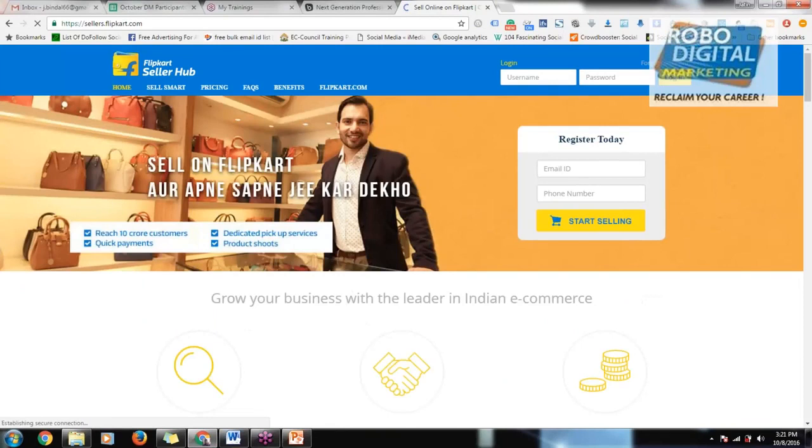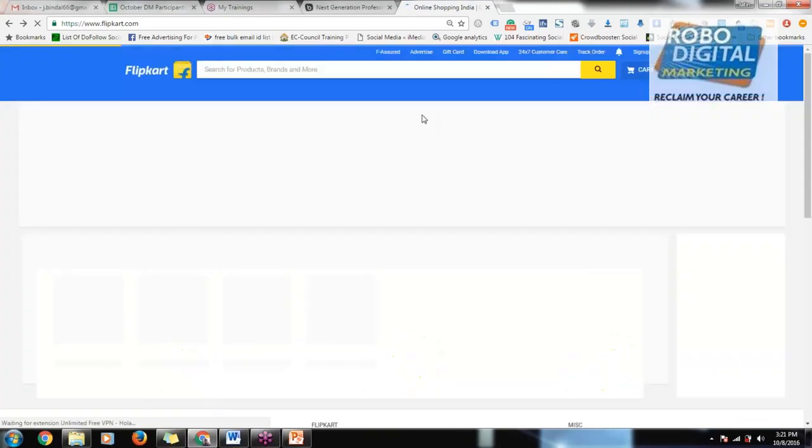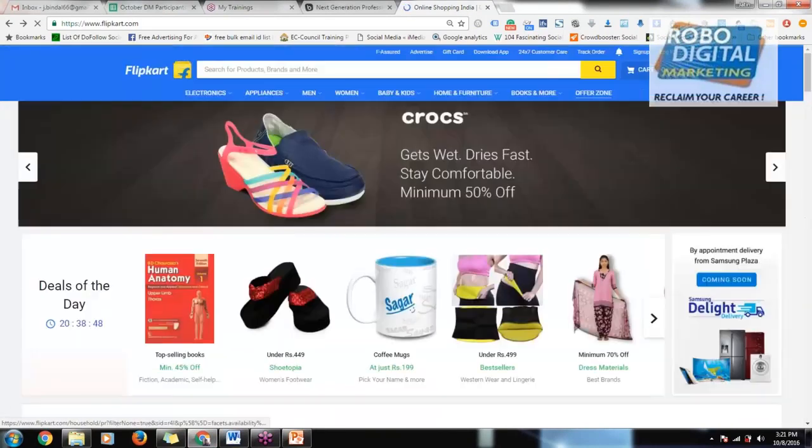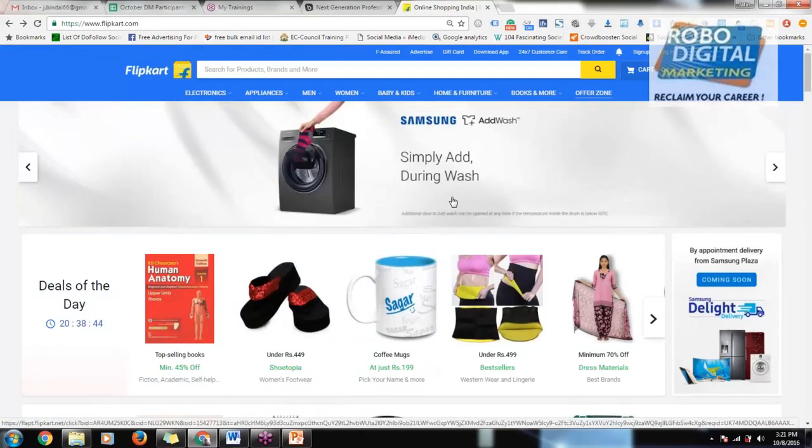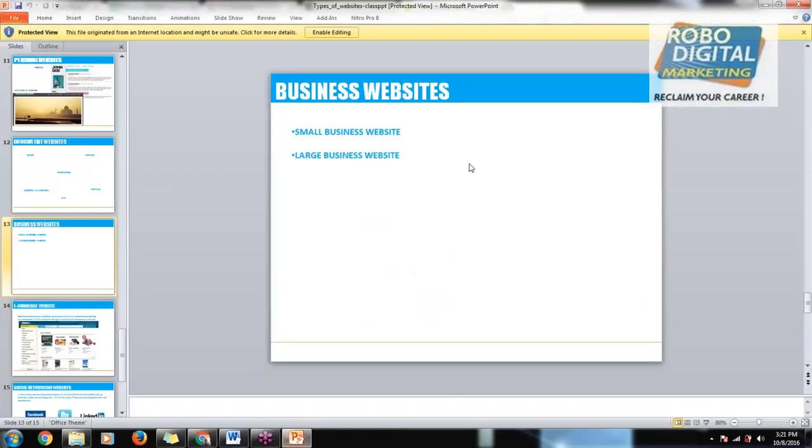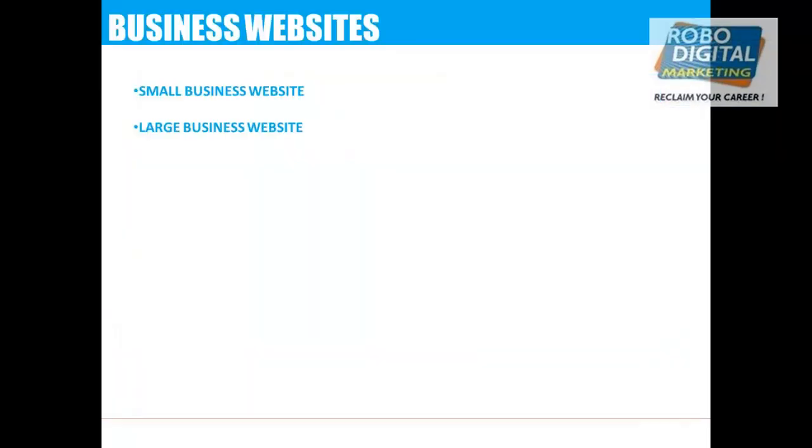You can upload your products on the same URL, and you are also buying products. That is known as a large business website. Small business websites are those which have only very limited functionalities.